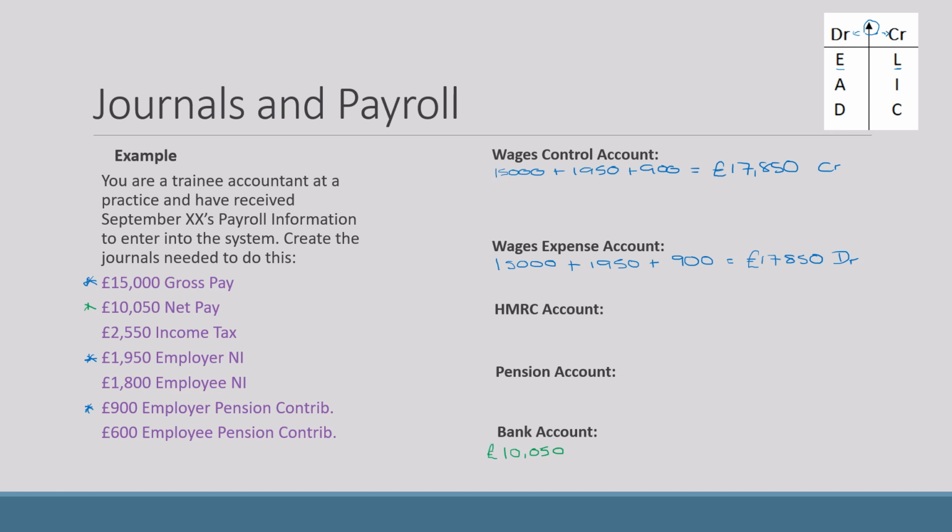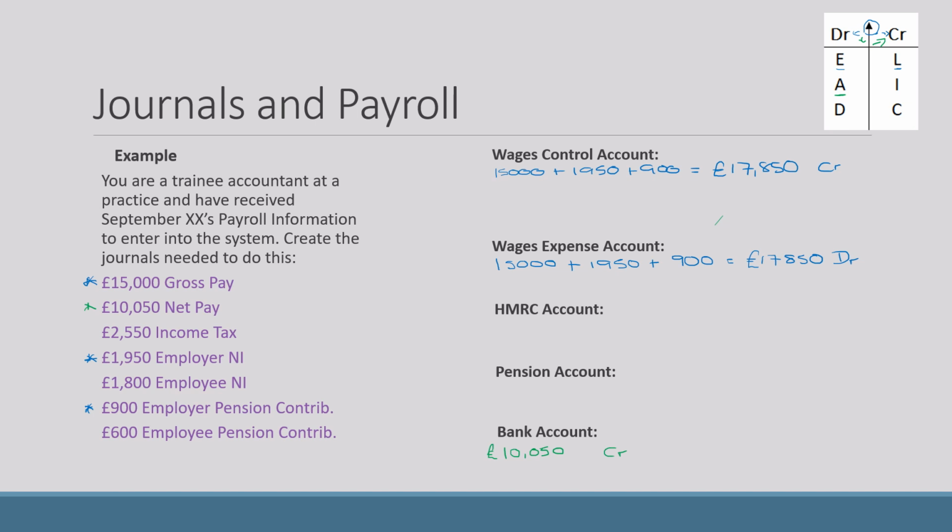And as our bank account is an asset, but it's not increasing, it's decreasing, so it's going the other way, it means that we're going to have to credit it. So the money's coming out of the bank, so it's going to be a credit into the bank account.